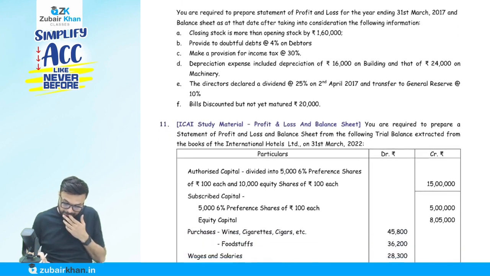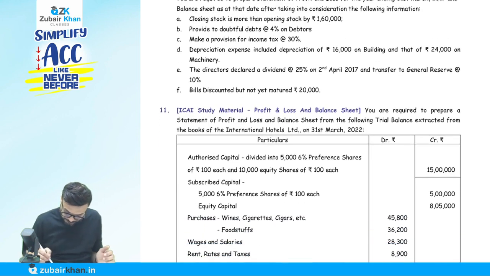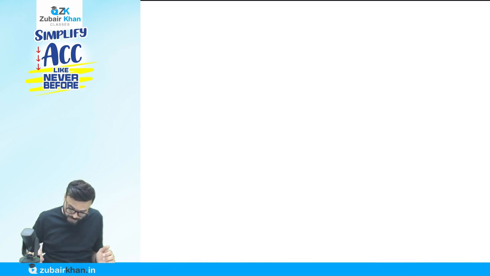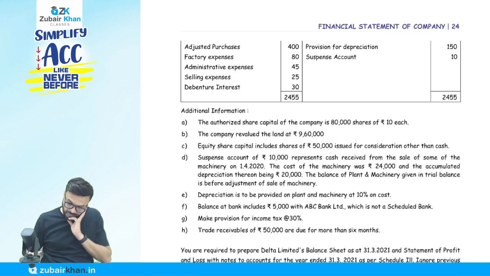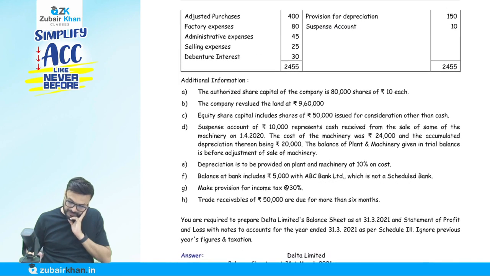You have question number 18 as homework today, and it is almost the same as the question that we have solved. There are some more adjustments here, but all adjustments we have covered in class, like the authorized, revaluation, and equity share other than cash consideration.